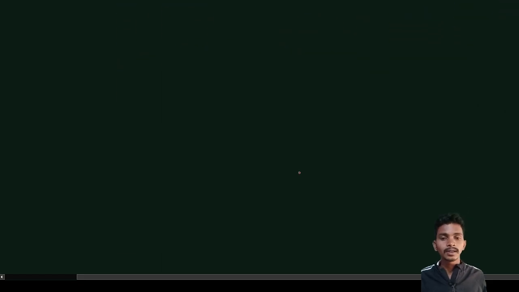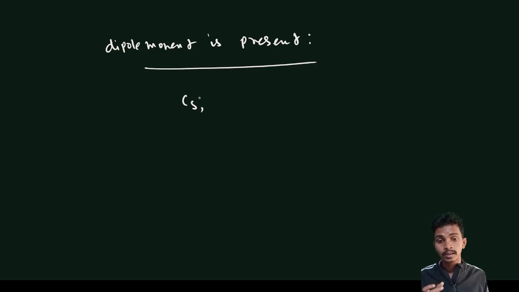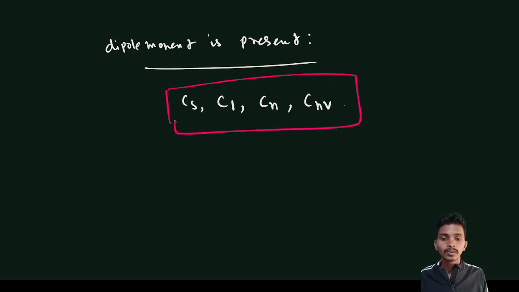Means the dipole moment is present only for the case of Cs, as planar symmetry is there, as well as C1, Cn, and Cnv. So only for these point groups is the dipole moment present.